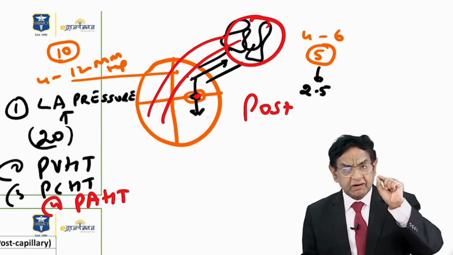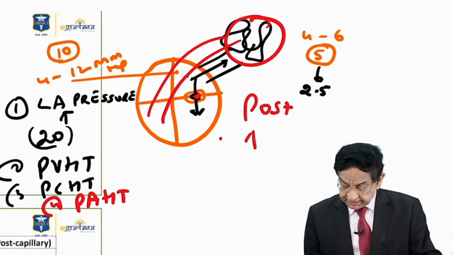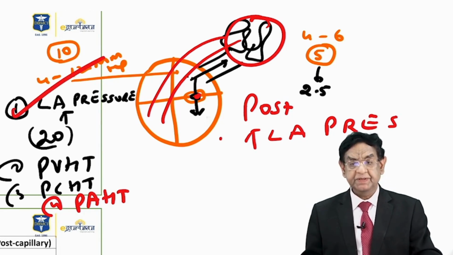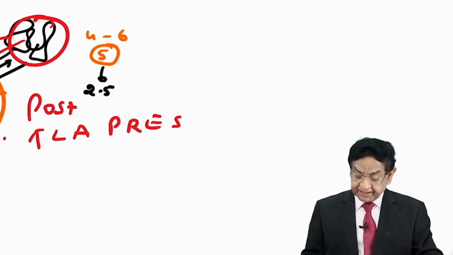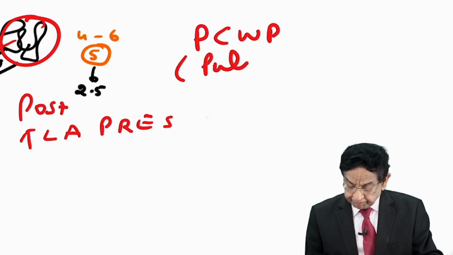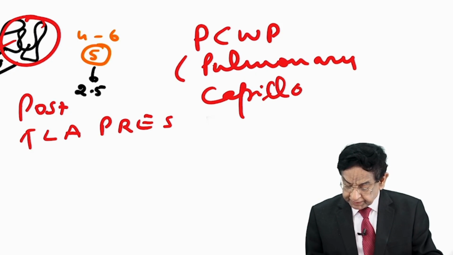And one of the classical features of post-capillary PAH is increased LA pressure. And LA pressure we can measure by pulmonary capillary wedge pressure.